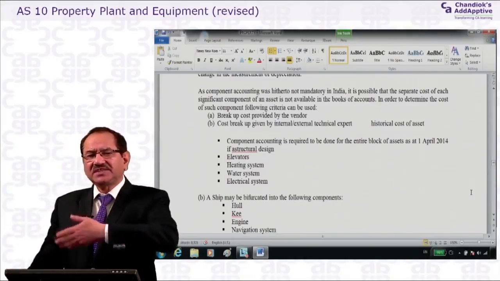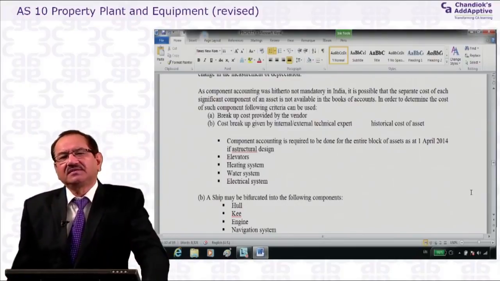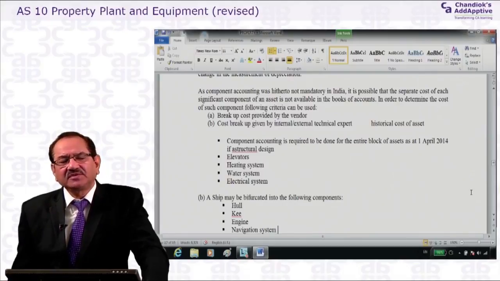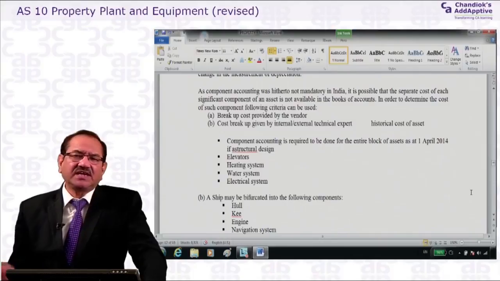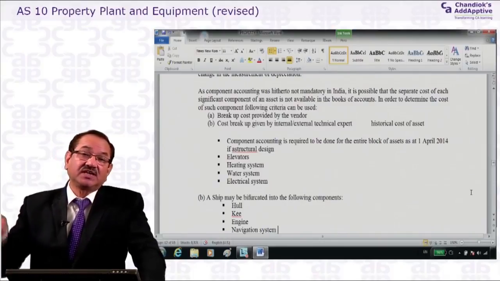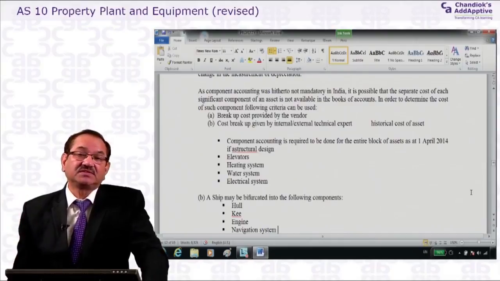You have a cooling system, the air conditioning of that building. Out of 100 crores, 20 crores are for lifts and elevators, and 30 crores for the air conditioning system. That 30 crores has a life of only 20 years, while the structure has a life of 50 or 60 years.